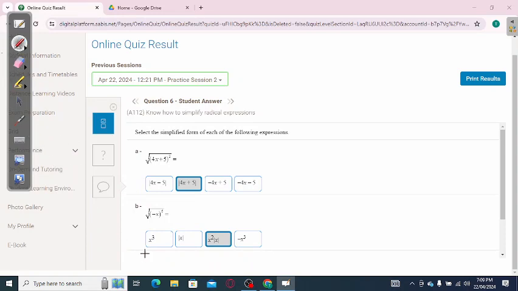Now, why is x cubed here? This is valid. As I just told you, there has to be an absolute value. Now, if it was like this, then okay, that's perfectly fine. That's an accepted answer, but it's not absolute.